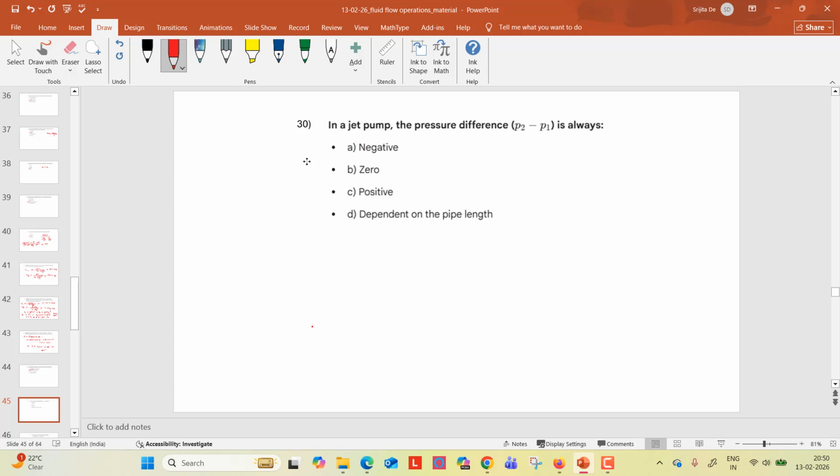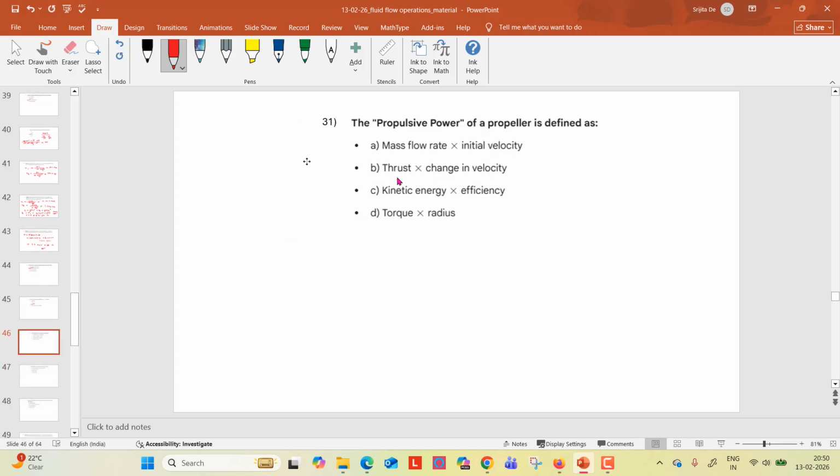Option C. Next, the propulsive power of a propeller is defined by, tell me what? It is the thrust into change in velocity.